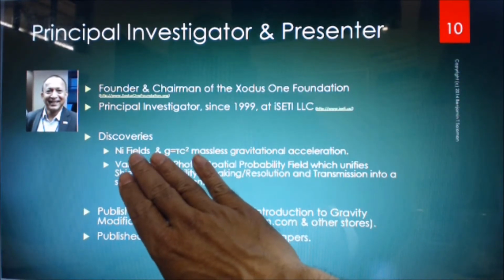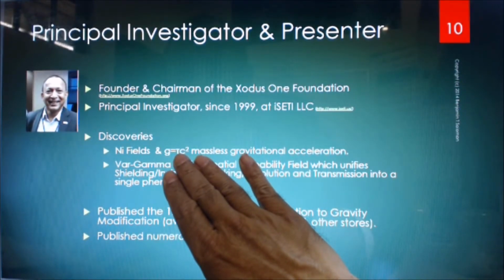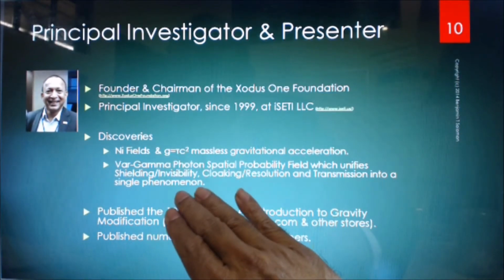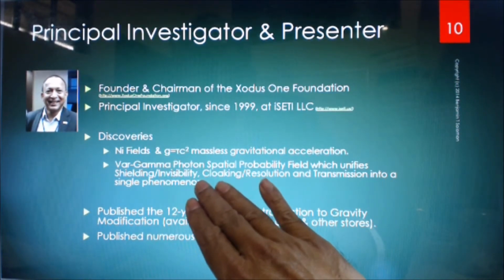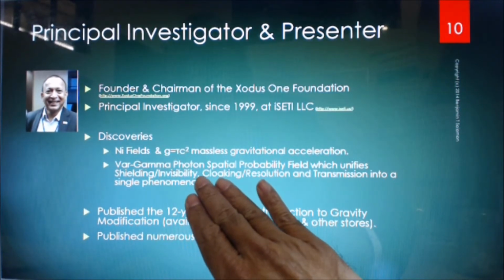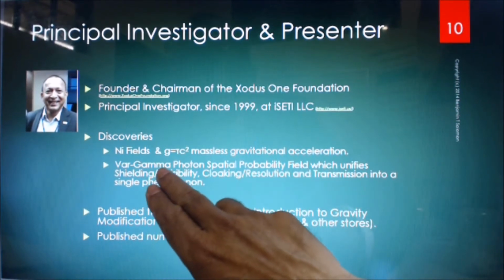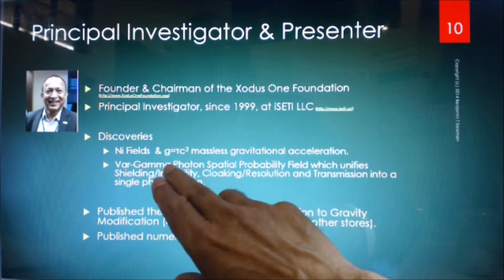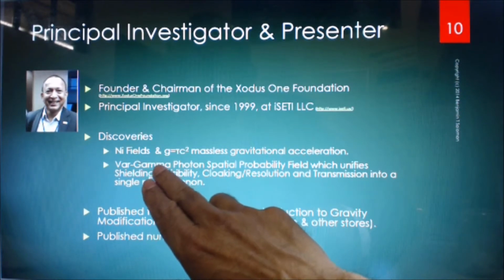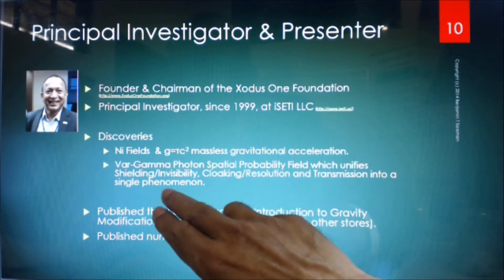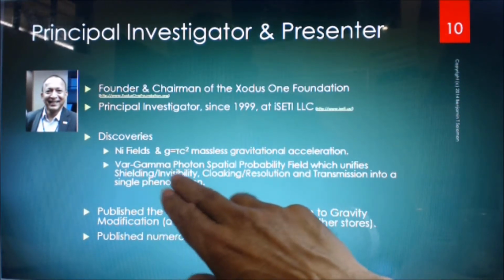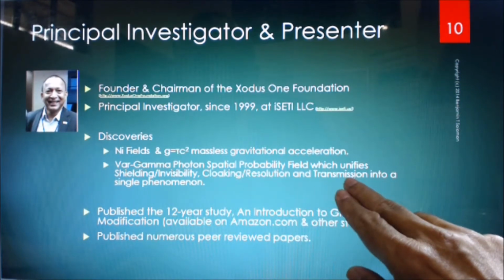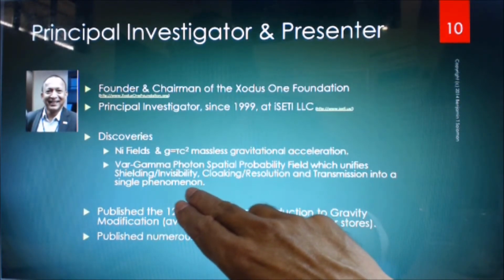I discovered knife fields and the gravitational massless equation. One more thing I've done, which is not in this workshop, which will be in a subsequent workshop, I've shown that the photon probability is not Gaussian, but it's a gamma. From that, I've been able to unify shielding, invisibility, cloaking, resolution, transmission into a single phenomena.